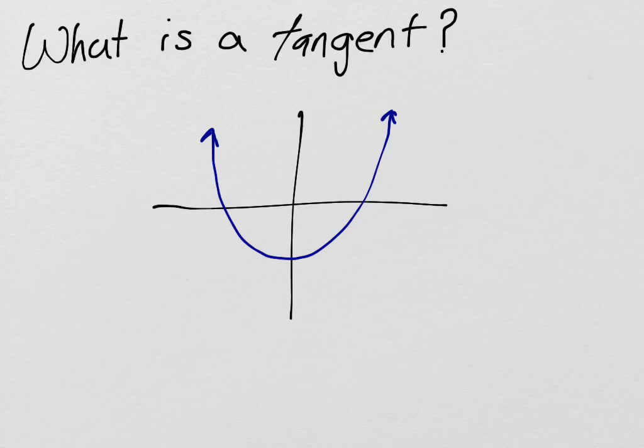So, if we choose a point of our function, let's say at this point here, our tangent would be a straight line passing through that point equal to the rate of change in our original function.